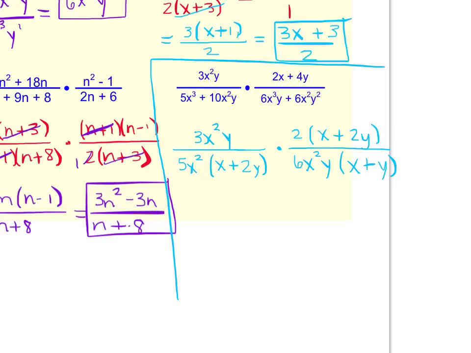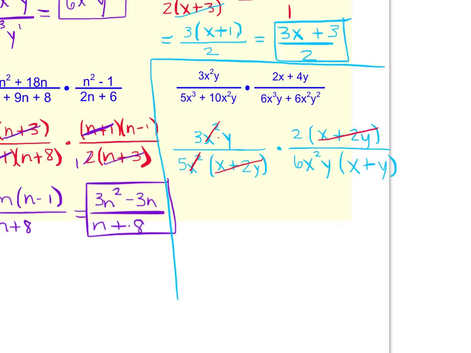Alright, so from here we're going to look to see if we can find anything that we can reduce. Now this x plus 2y and the x plus 2y, those we see right away. From here it's going to be a little bit nitpicky to see what we can cancel. The first thing that I see is you have an x squared and an x squared. So we can go ahead and cancel the x squared with the x squared.